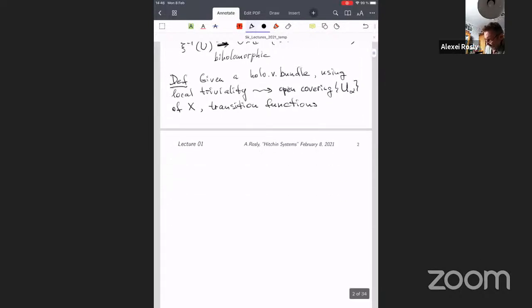The transition functions are defined on the double intersections if they are not empty.